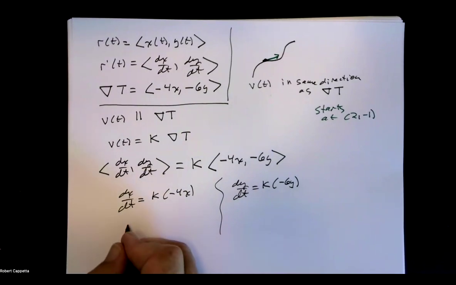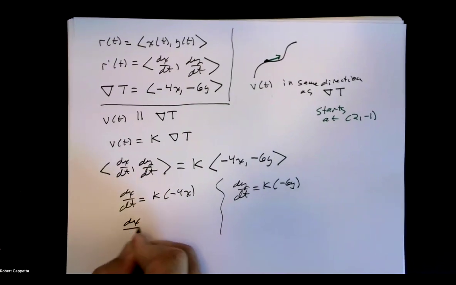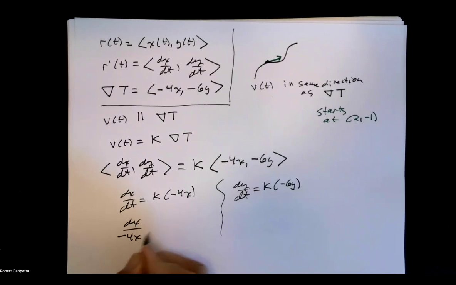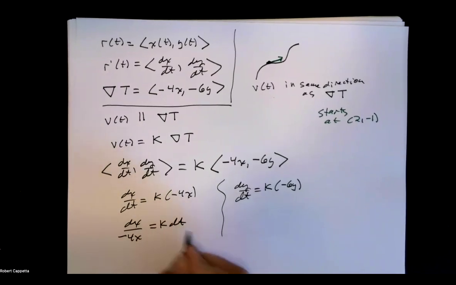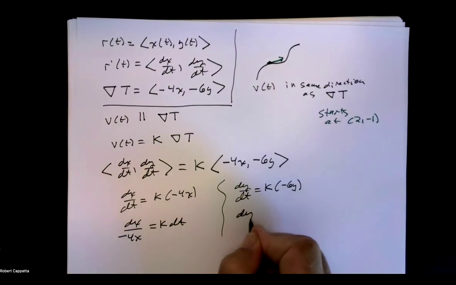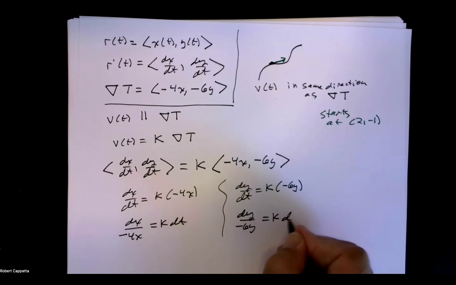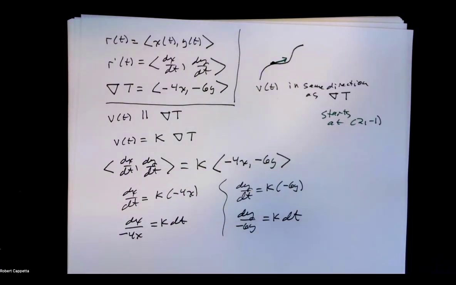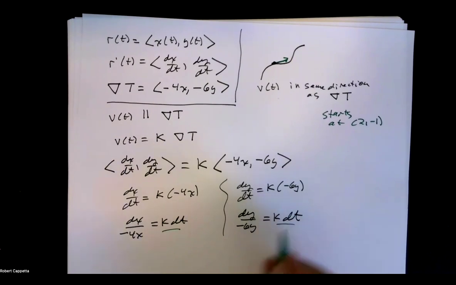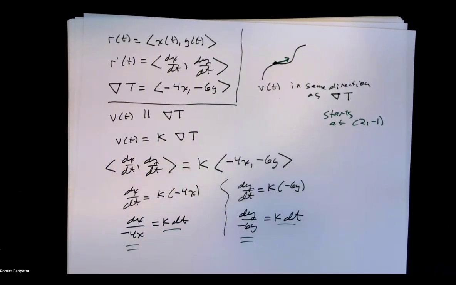So with a little bit of algebra, I can get dx over -4x, dividing both sides by -4x, is k dt. Similarly over here, dy over -6y is k dt. So if both of these things equal k dt, they would have to equal each other.